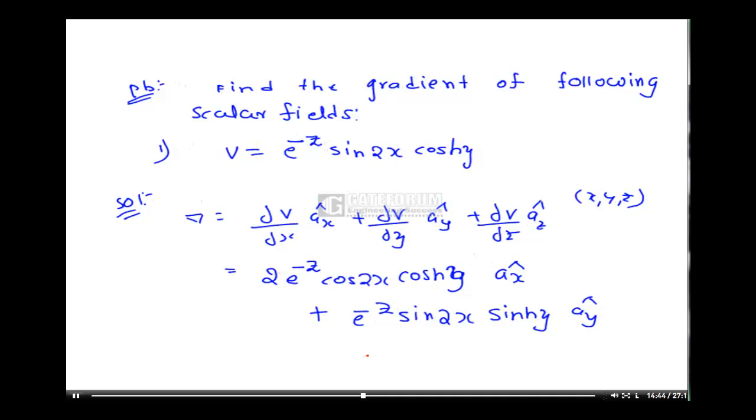Dou by dou z: sin 2x cos hy common, and dou by dou z of e power minus z is minus e power minus z, so minus e power minus z sin 2x cos hy az bar. So like this you can calculate the gradient easily. Suppose they ask at a particular point, say x, y, z equal to 1, 2, 3, then substitute the values and calculate the corresponding gradient. This is del V.